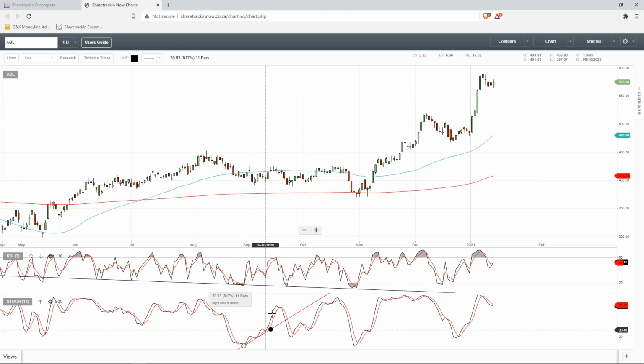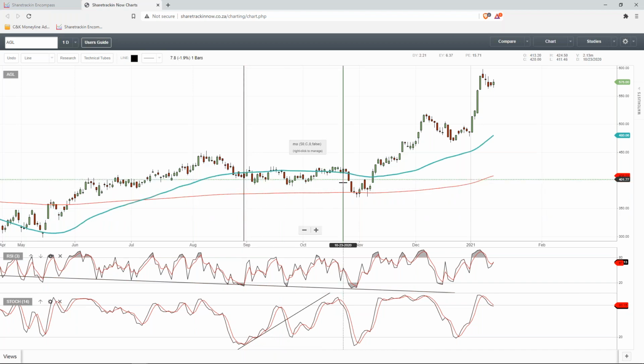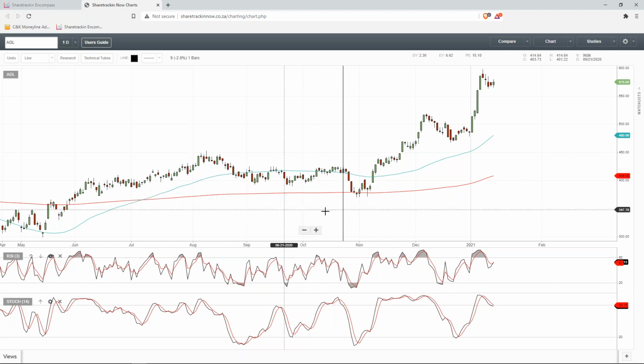If one goes down and one goes up, it gives you a sideways trend, which is what happened over here. From there up until here you had a sideways trend, because your RSI was going down and stochastic was going up. So you can also see when the share is going to continue in that sideways trend. That can also happen.